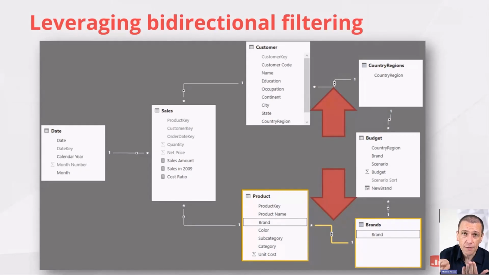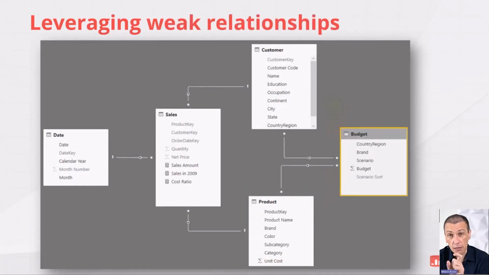This way, the artifact creates a combination that only propagates the filter in one direction. Product filters budget, but budget doesn't filter product. The same result we want to obtain here, a single many-to-many cardinality relationship. You see that I use this definition, many-to-many cardinality relationship, and not many-to-many relationship, because the many-to-many relationship is what we have seen in the first part of this session.